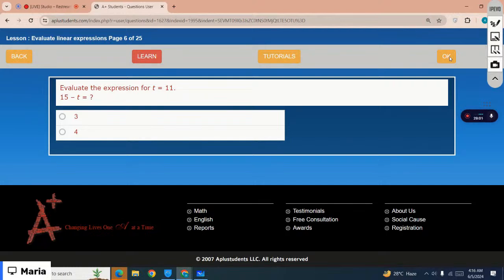Evaluate the expression for t equals 11. 15 minus t. So which is the correct option? Very good. 15 minus 11 is 4. The correct option is 4.